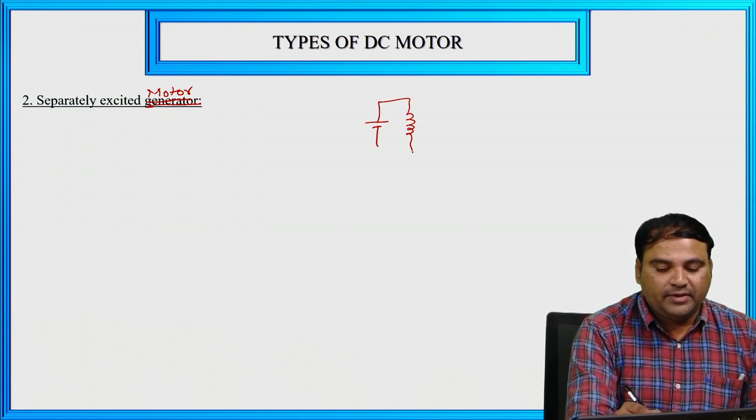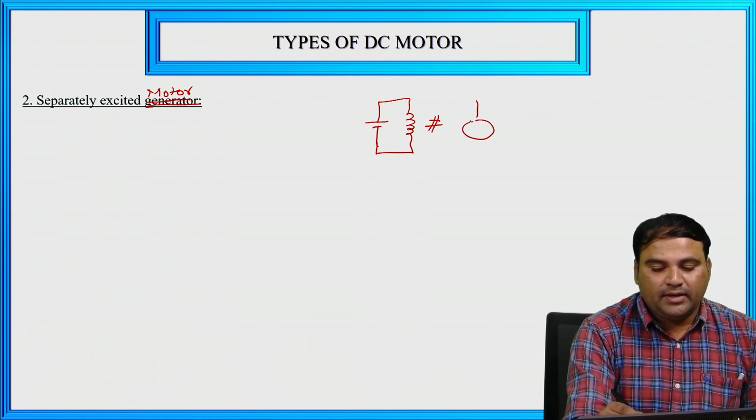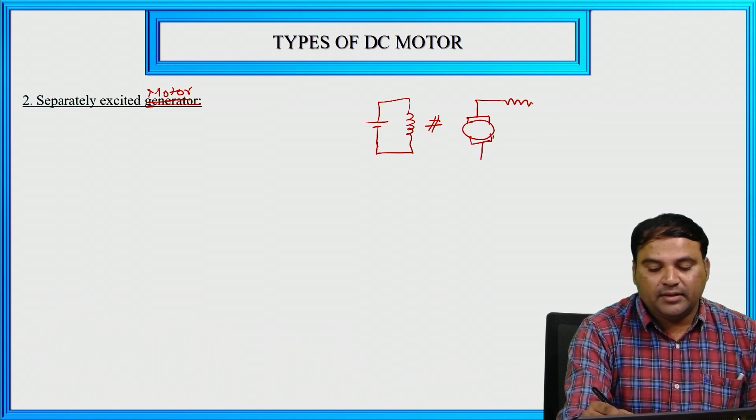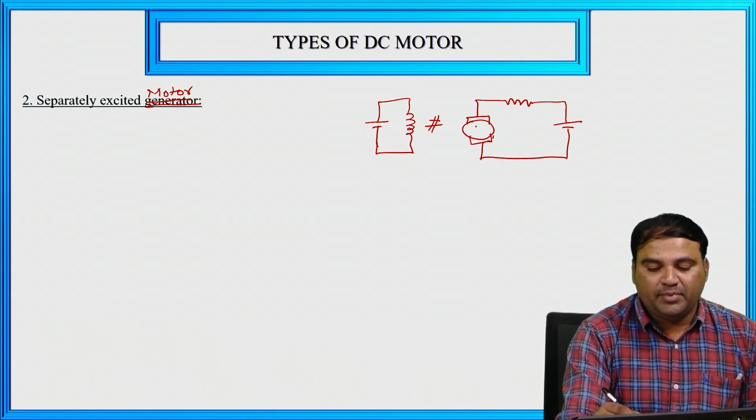So here is the field winding, and here we are having the motor armature with armature resistance connected to the DC supply. So plus minus voltage is V, and this is RA, and this is EB.